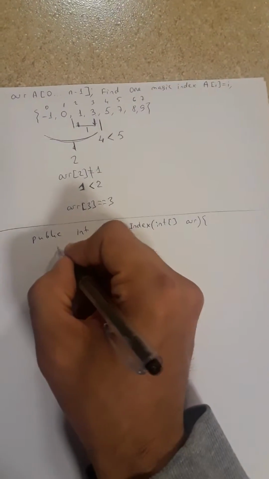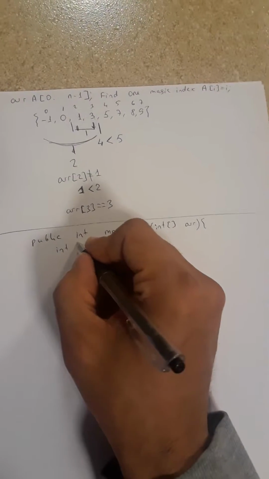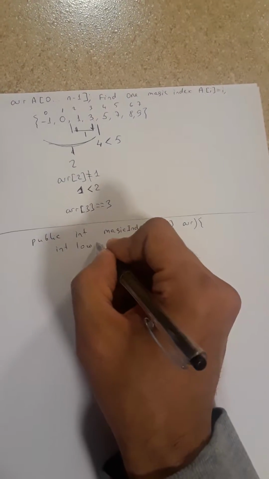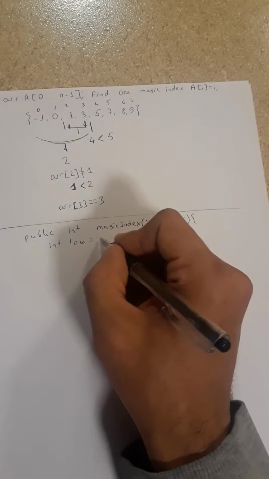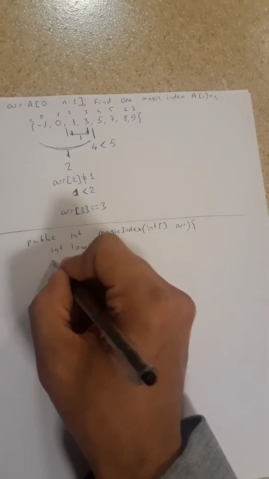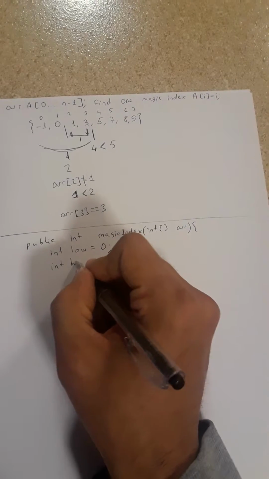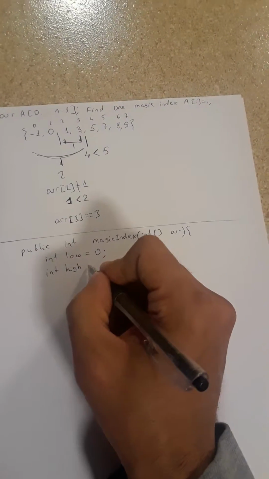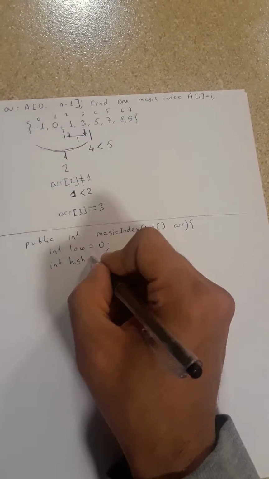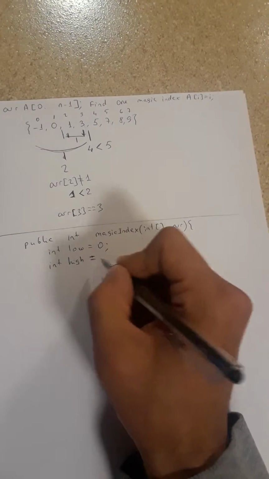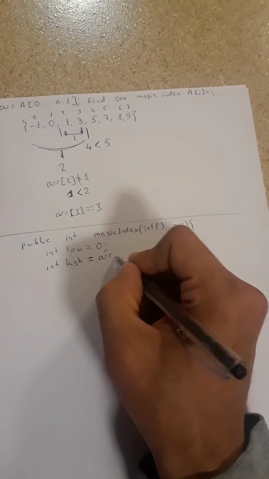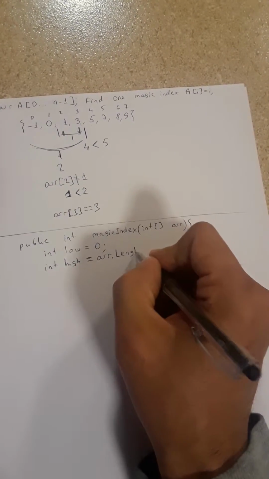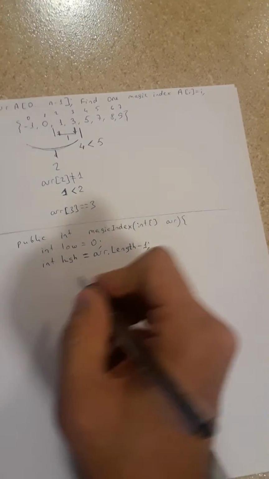For binary search we will need to define the lower pointer, which will be 0, and define the highest pointer, which will be the last element of the array.